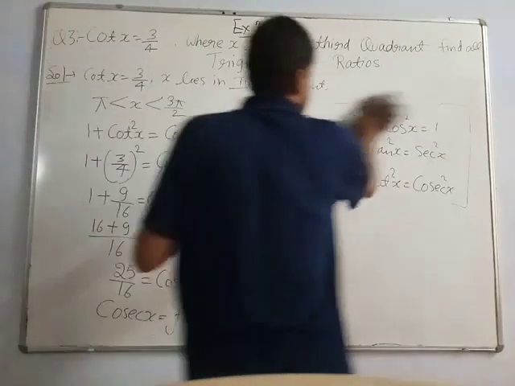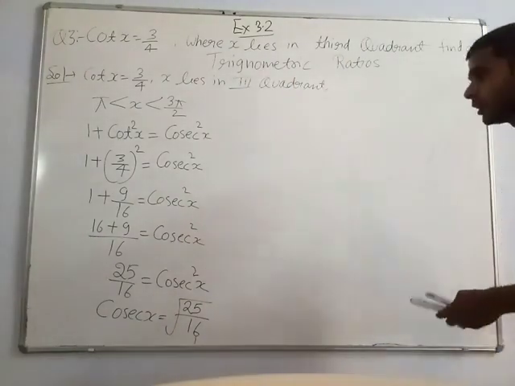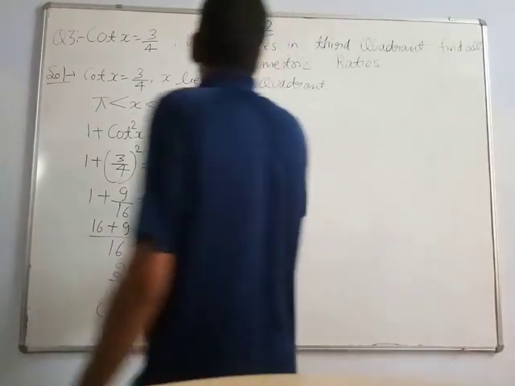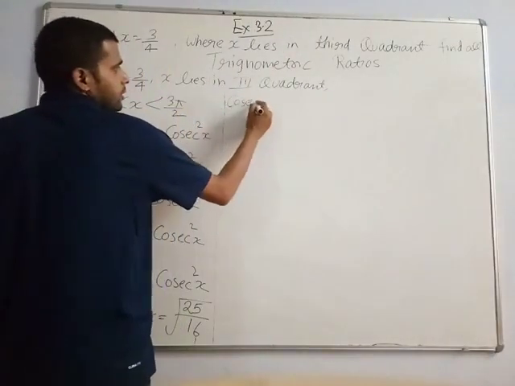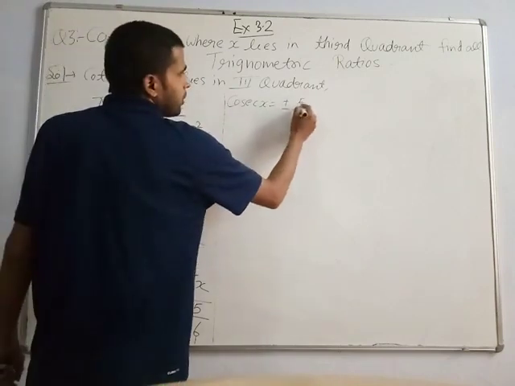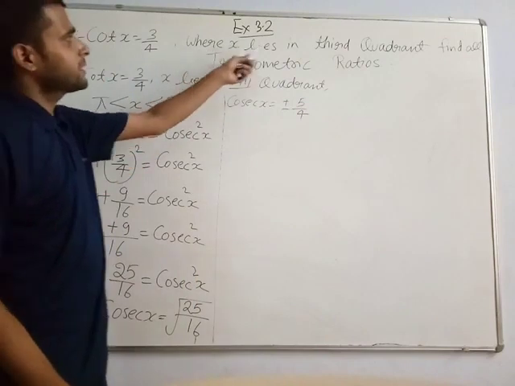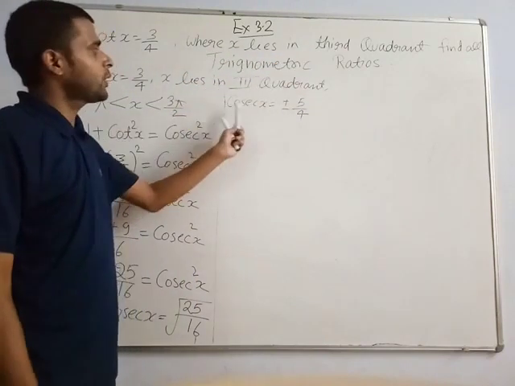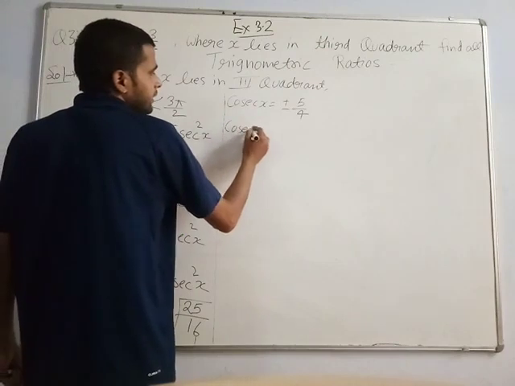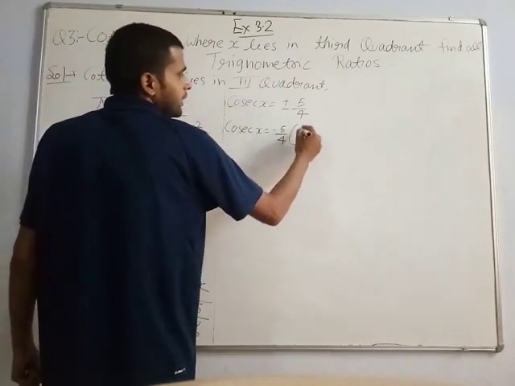So cosec equals plus minus 5 upon 4. Now x lies in the third quadrant. In the third quadrant cosec is negative. So cosec x equals minus 5 upon 4.